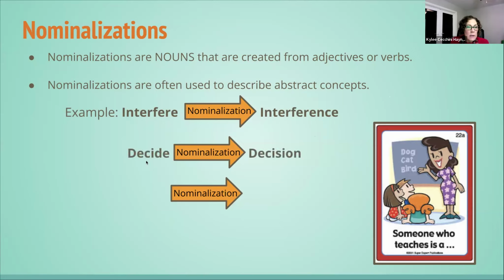Another: decide, to decide, a verb, becomes decision, which is the nominalization. Argue becomes argument. Okay, so I have a little example here, like someone who teaches is a nominalization, teacher. So you're turning a verb into a noun.